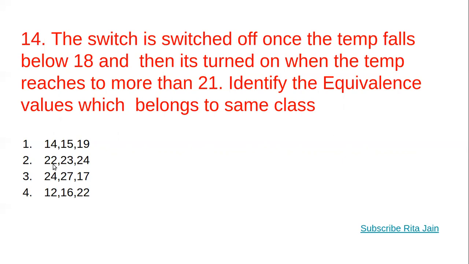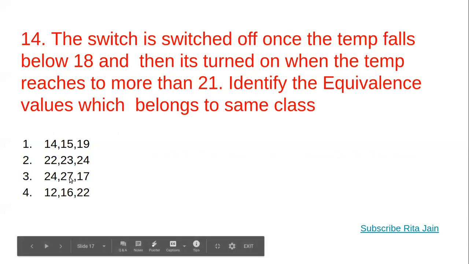So these are the various classes, these are the various data values. 14, 15, 19 could not be the right answer, as the data here belongs to two ranges, that is below 18 and between 18 and 21. Second, 22, 23, 24. So here the data belongs to one class, that is above 21, and so right answer would be 2, as the other two belong to two different classes.